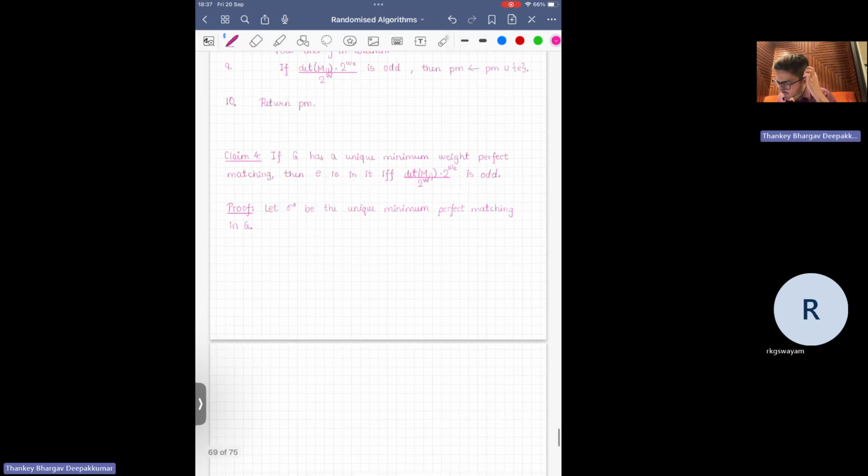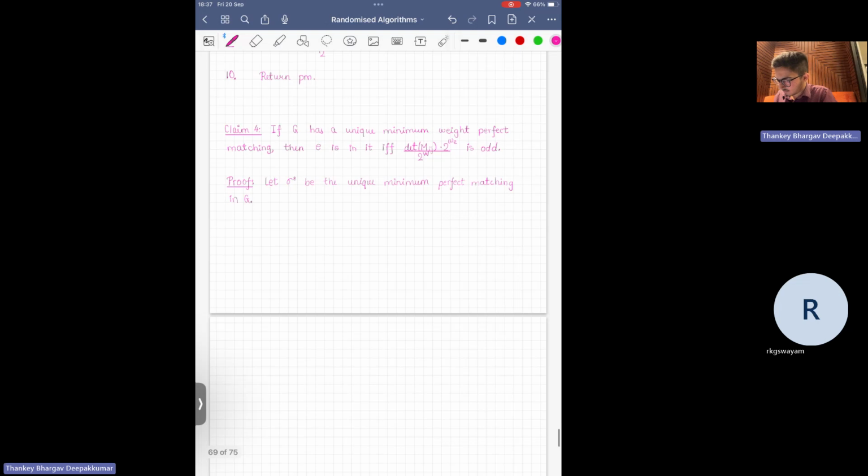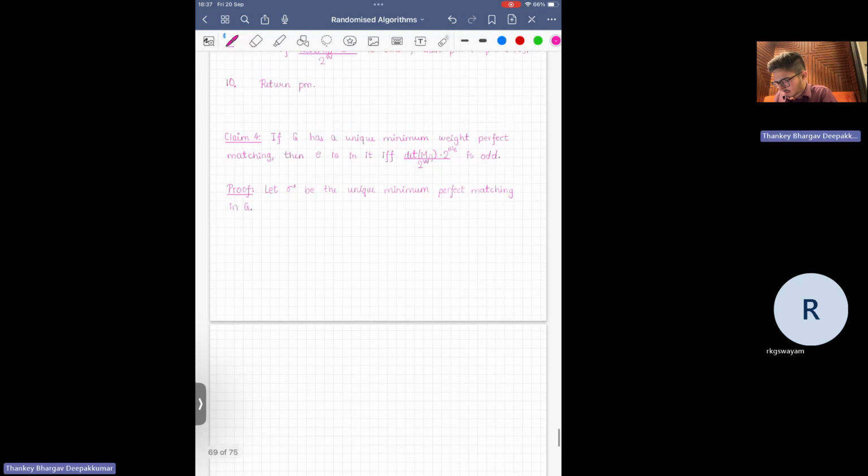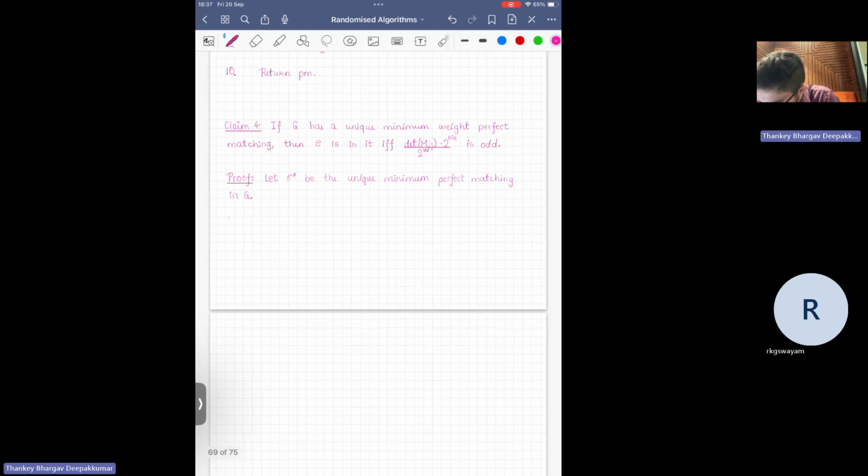So I removed this edge, and that means I'm in a smaller graph.